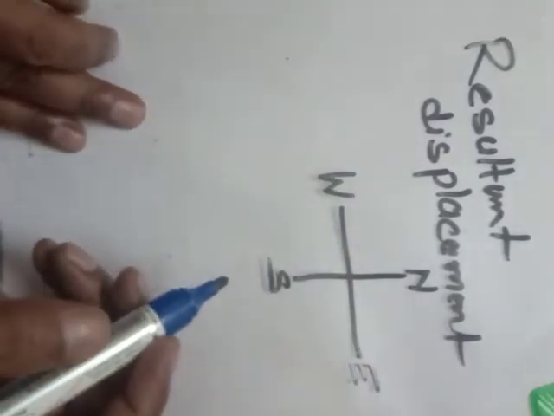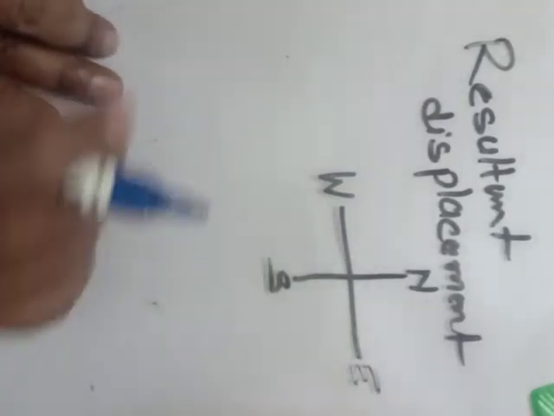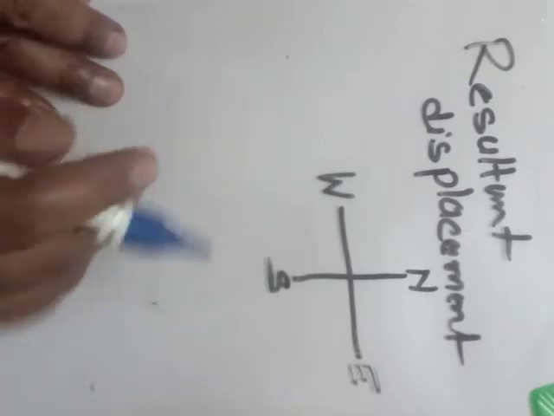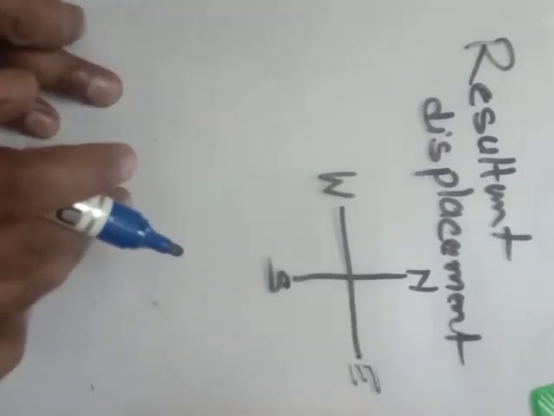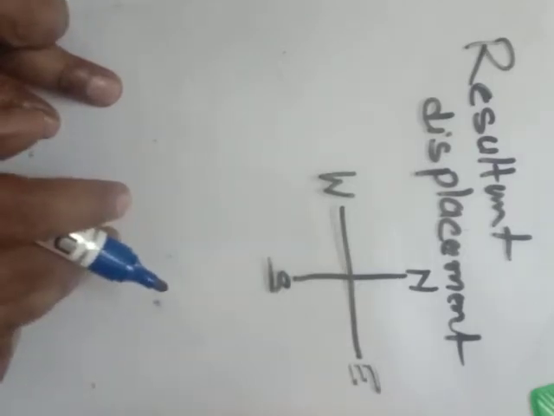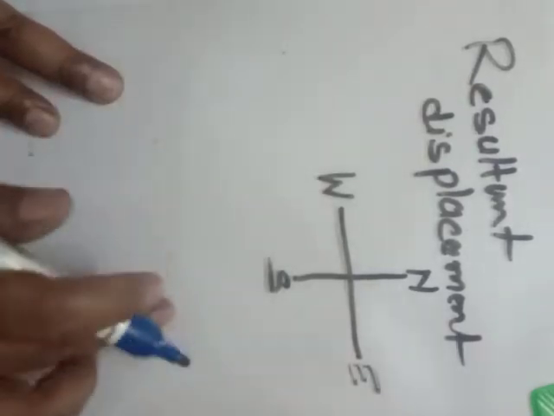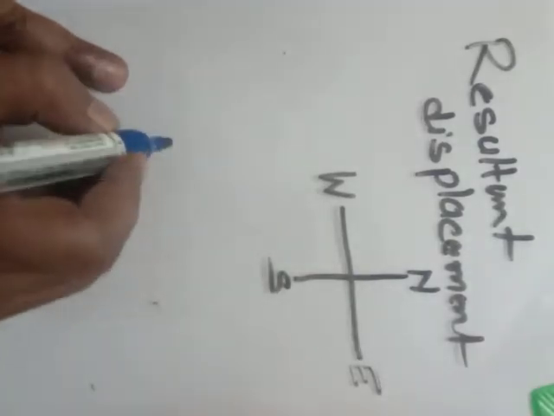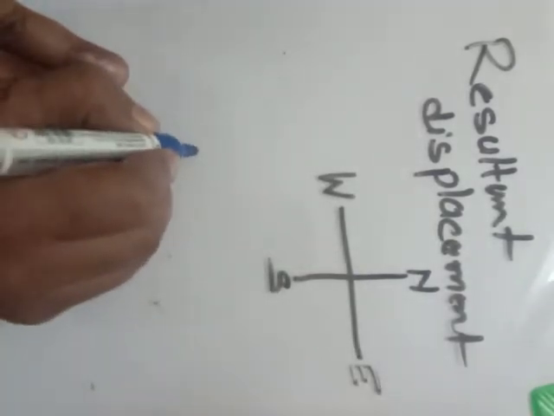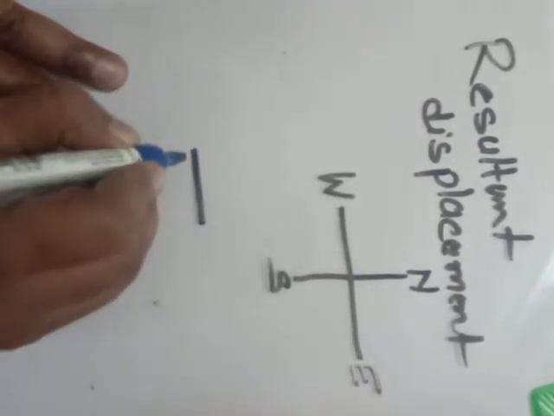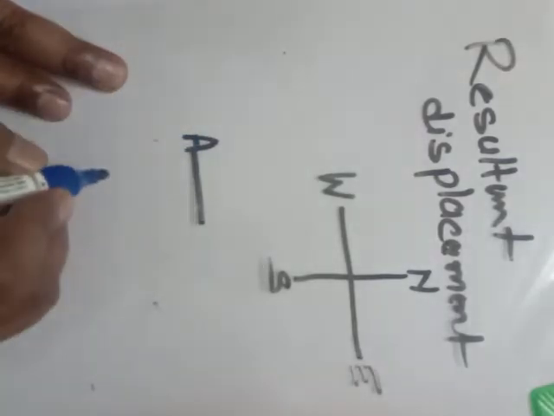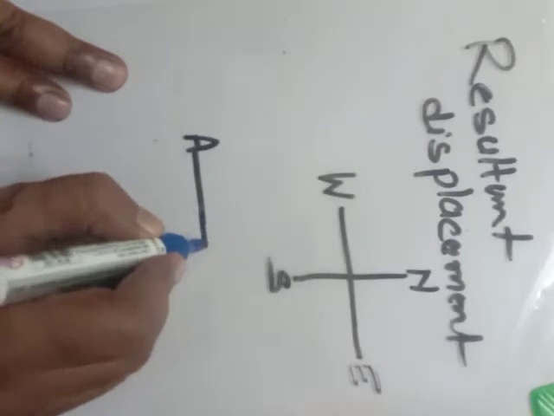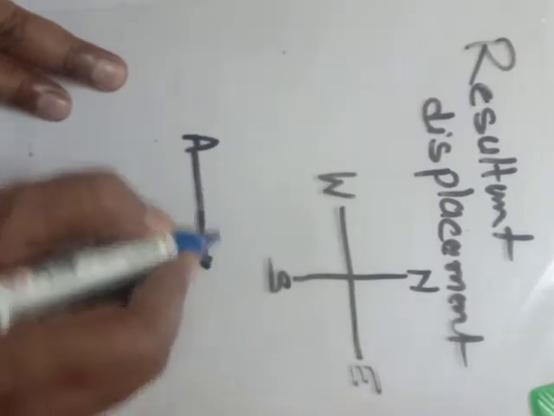As in our question, the distance towards east is 1.5. So I will draw 1.5, assuming that he is starting from A and moving towards east.